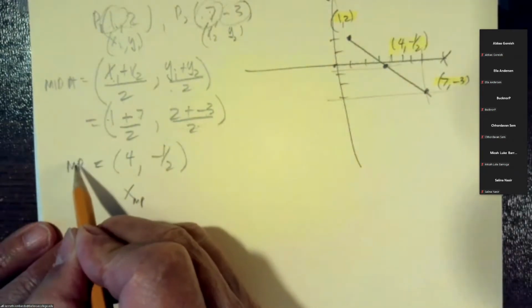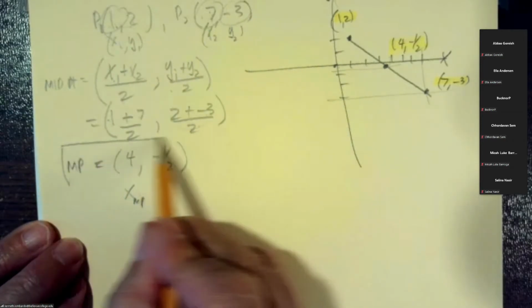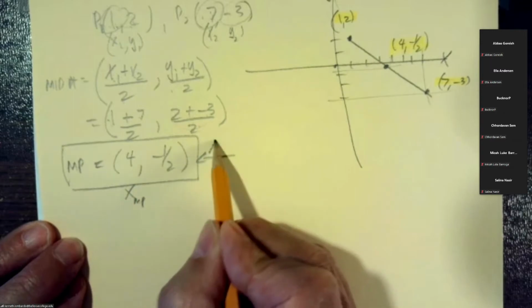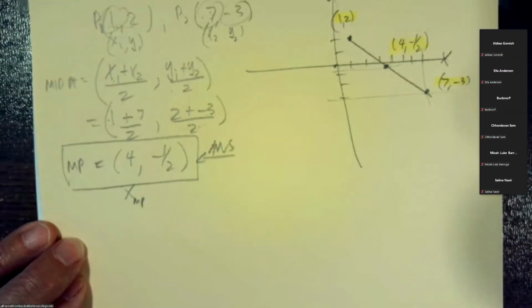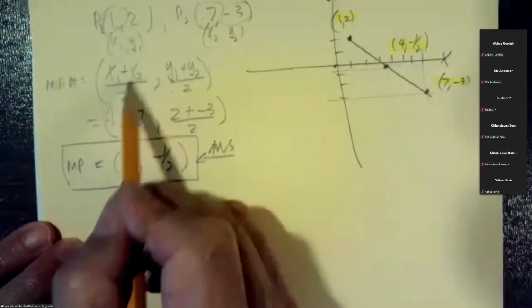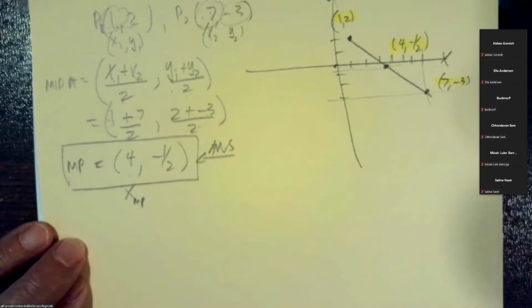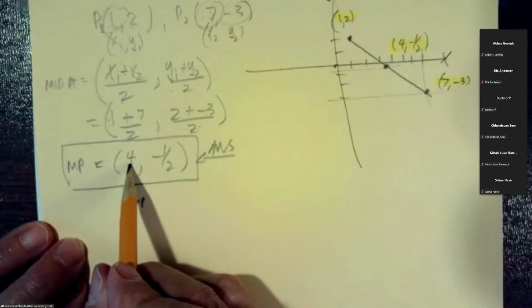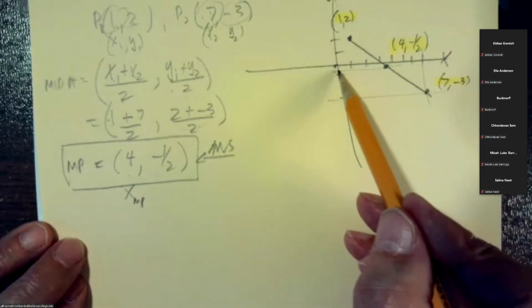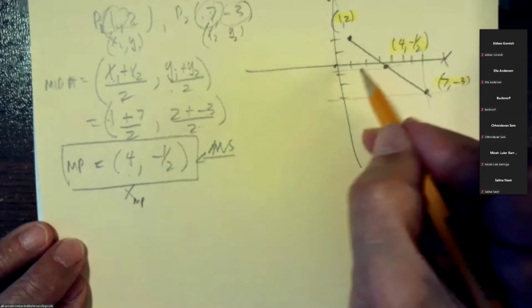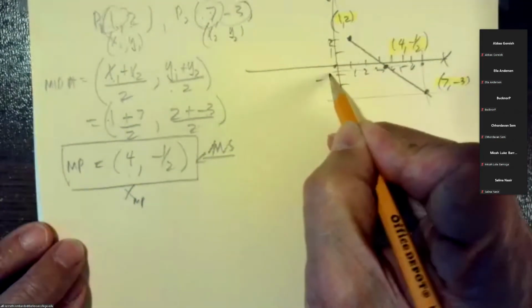So the midpoint for these 2 points, using the algebraic method, x1 plus x2 over 2 and y1 plus y2 over 2, we get these two coordinate points, 4 and -1/2. And if we were asked to plot it, we could say it's approximately here.